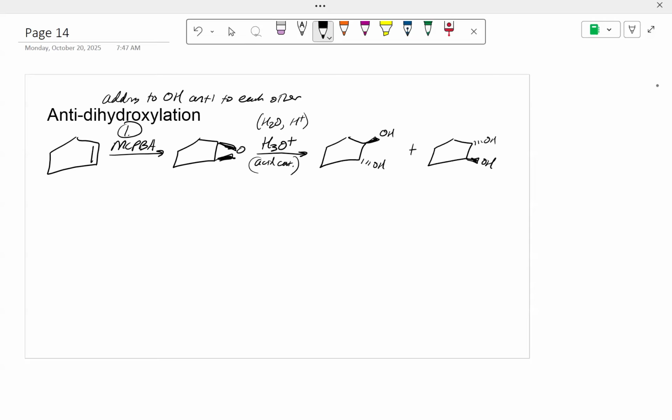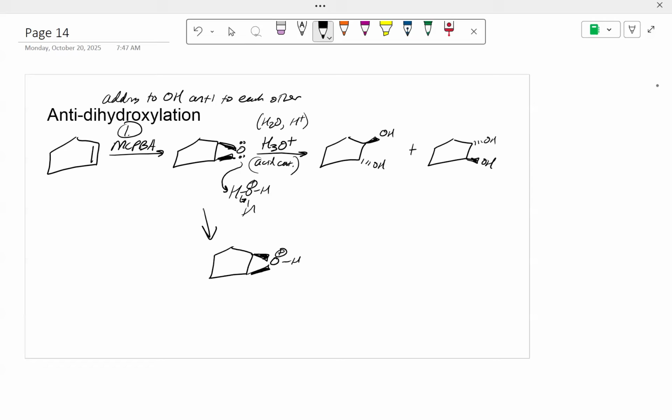So let's look at the mechanism for this. It's acid catalyzed, so the first thing we're going to do is protonate the oxygen of the epoxide. Now, the epoxide ring is already highly strained, so very reactive.